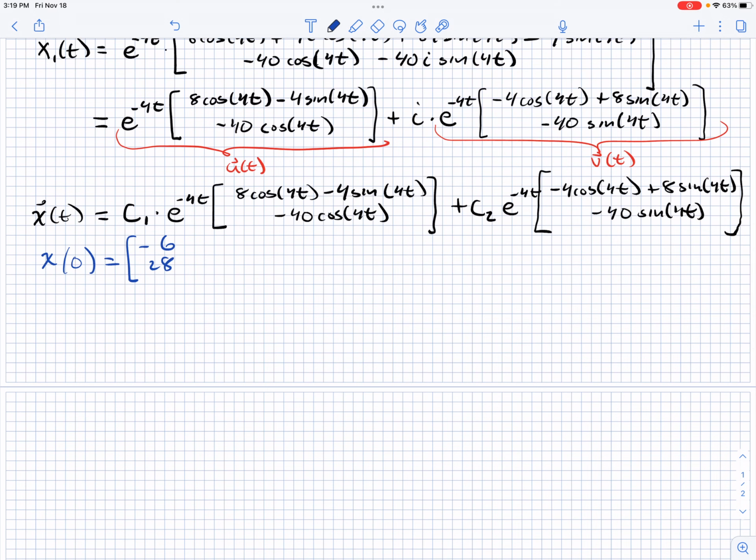So x of 0 equals negative 628, which means we have a system where negative 628 equals c1 times, e to the 0 just makes it 1, cosine of 0 is 1, so we'll have 8 minus sine of 0, which is just 0, and on the bottom negative 40 cosine of 0, which is just 1, plus c2, again e to the 0 is 1, so we are left with what's on the inside: negative 4 plus 0, since sine of 0 is 0, and then on the bottom also just 0.